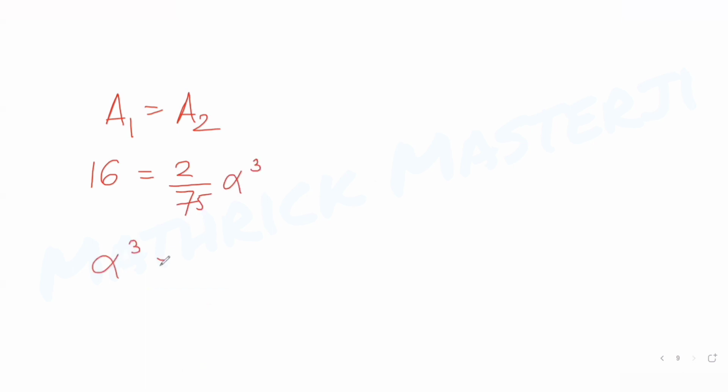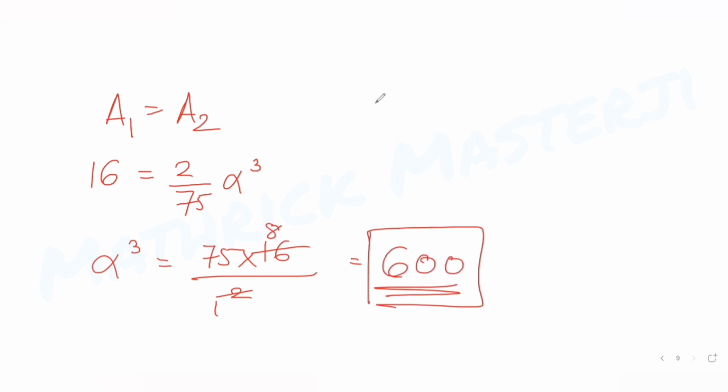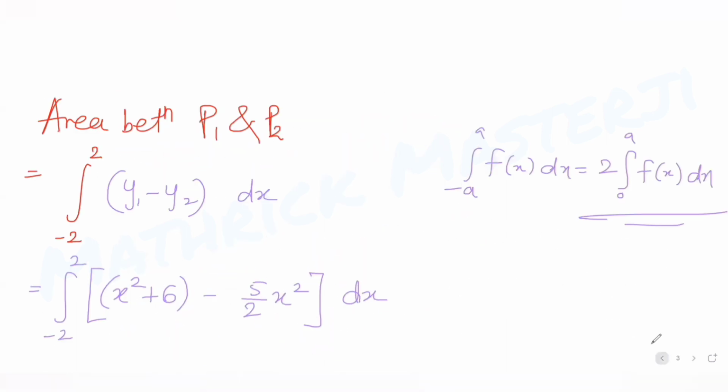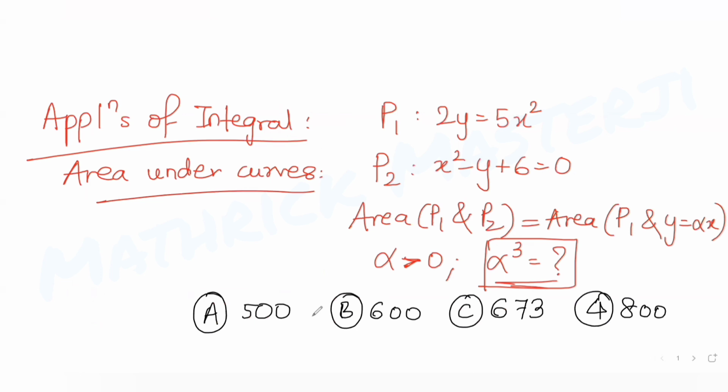So alpha cube becomes 75 into 16 over 2, which is 75 into 8, which is 600. So the value of alpha cube is 600, and that matches option B. So B becomes the correct answer for the question given to us.